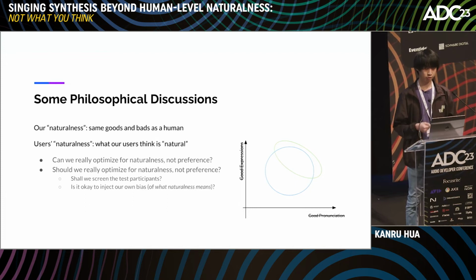I mean, we have numerical methods. The least we can do is testing. We can directly test the distributions of the audio features, but that hard number doesn't tell how our human ear perceives the sound. Now say, even if we have a way to optimize for the distribution kind of naturalness, should we really do that? Because if we take a stance here, we're already injecting our own bias into optimizing the system.